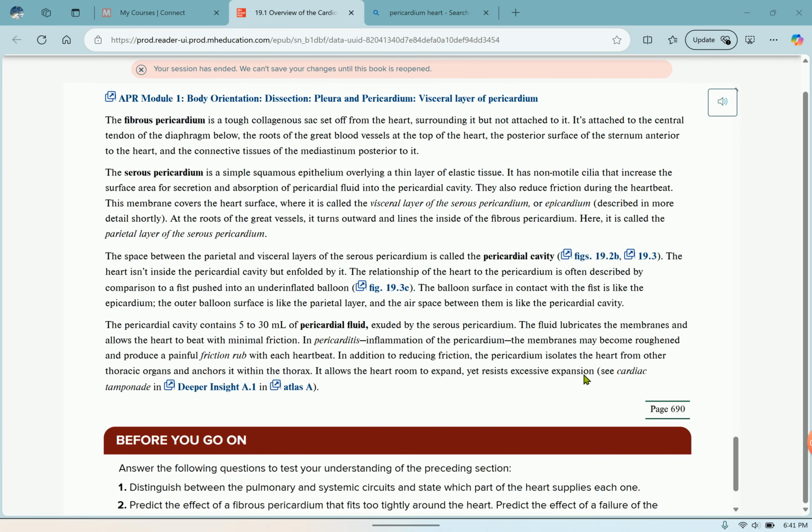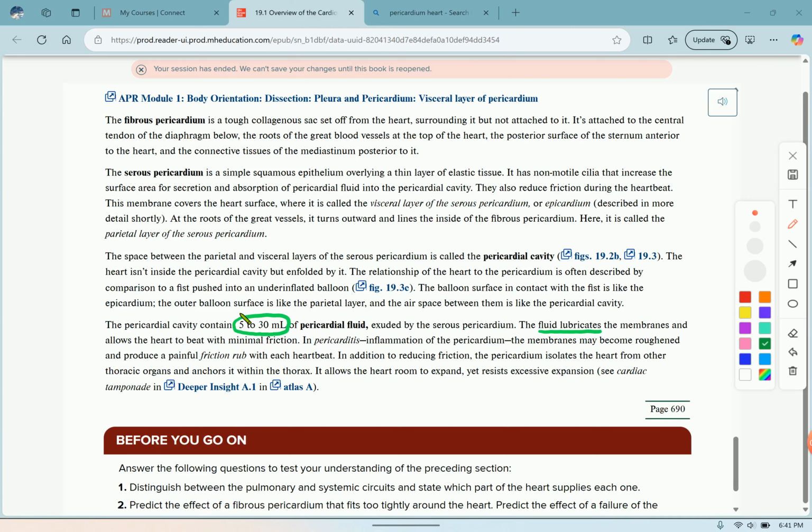Okay, the pericardial fluid, or the serous fluid that is in between the pericardium and the epicardium, is designed to reduce friction. There is a fluid lubrication, and there's about 5 to 30 milliliters of fluid found in that pericardial space, that pericardial cavity.